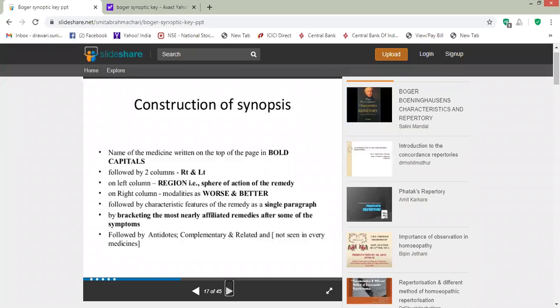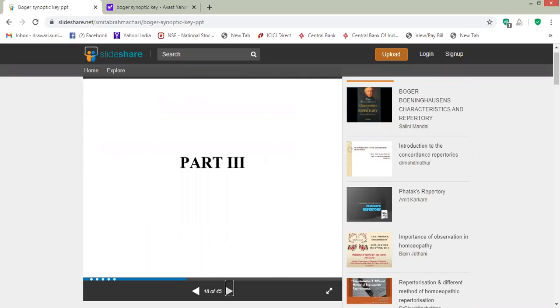So in this way, the antidotal, complementary and related remedies are written after the most nearly affiliated remedies, and it is not necessary that they are found under every medicine. Under some medicines, we cannot find these antidote, complementary and related remedies. This was about part 2, that is the synopsis.